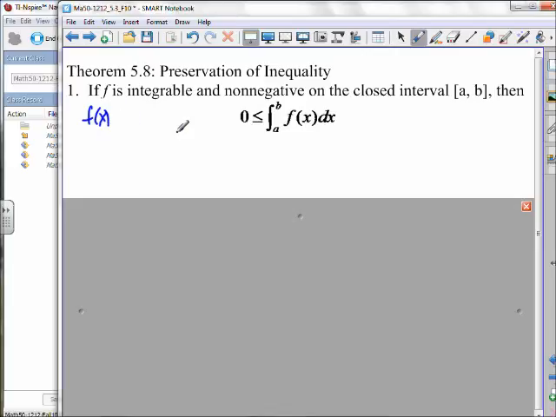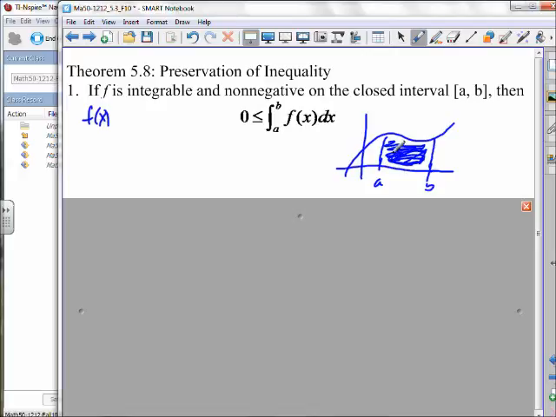Could they be 0? Non-negative? Does that include 0? Is 0 negative? No. So it could be 0 or positive. So it says that if all of the function output values are above the input axis, then the integration from A to B is also positive.